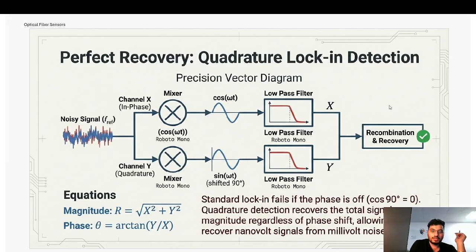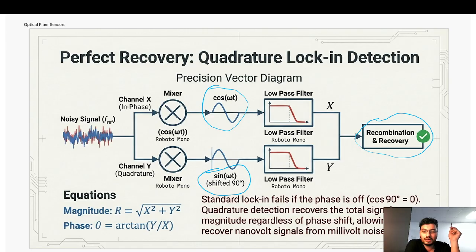Then moving towards the next thing, quadrature lock-in detection, where cos and sine mixing will happen. You can see here cos omega t and sine omega t, 90 degrees shifted, and both will be filtered by the low pass filter, and then recombined.